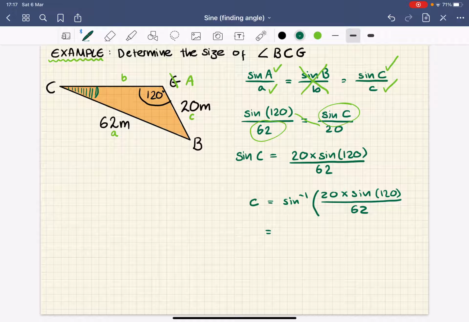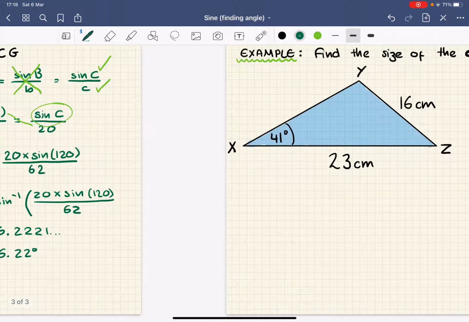And so that's going to come out to 16.2221 and so forth. So rounding it to 2 decimal places is just going to be 16.22 degrees.